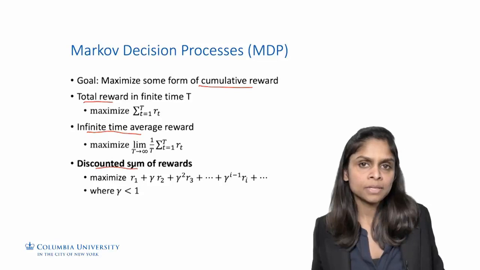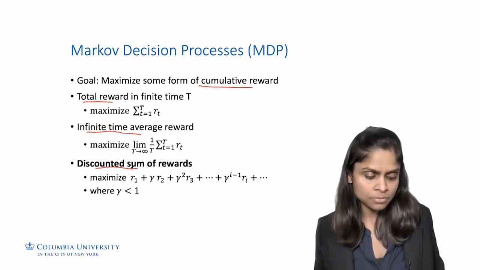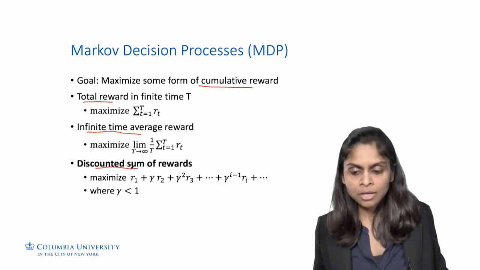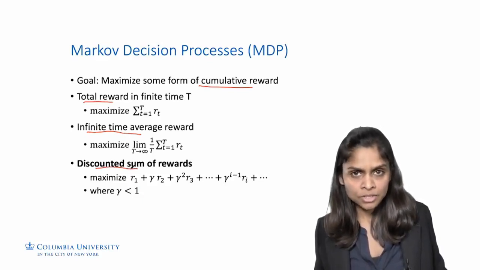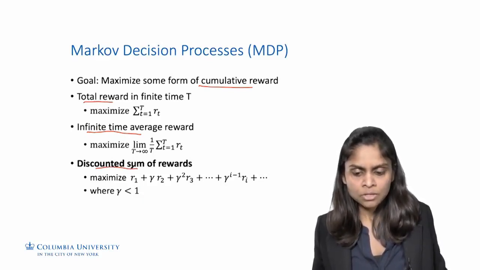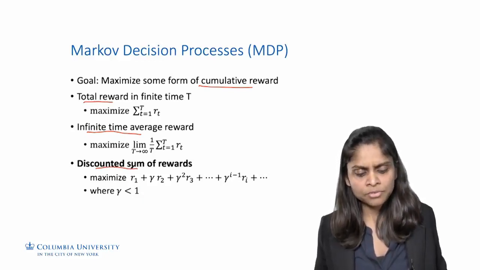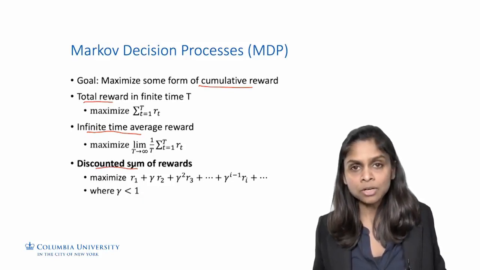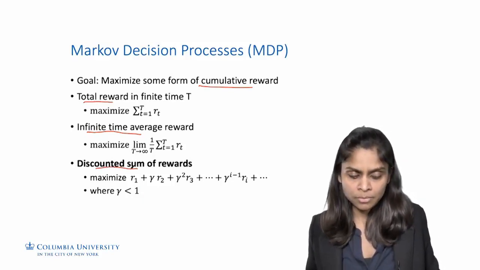Total reward is simply the sum of rewards in some finite time t. The infinite time average reward is averaged over a very large time horizon. So you may imagine that the performance of the action in the first few rounds doesn't really matter here. What we are looking for is a good asymptotic performance.